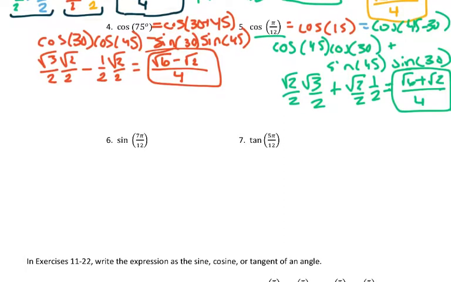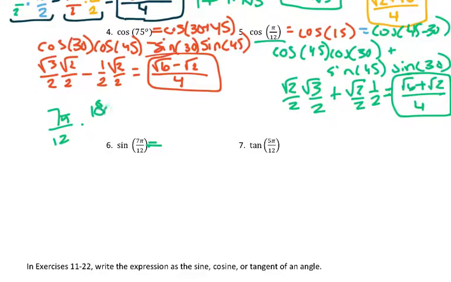Alright, so next one, again, I'm going to convert this into degrees. So 7 pi over 12 times 180 over pi means we get, let's see, 105 degrees. Alright, so let's see. I like addition, so I'm going to do sine of 45 plus 60.